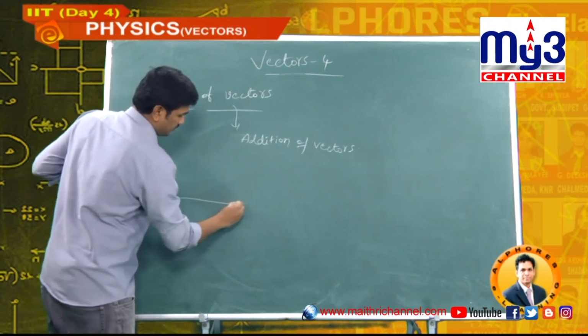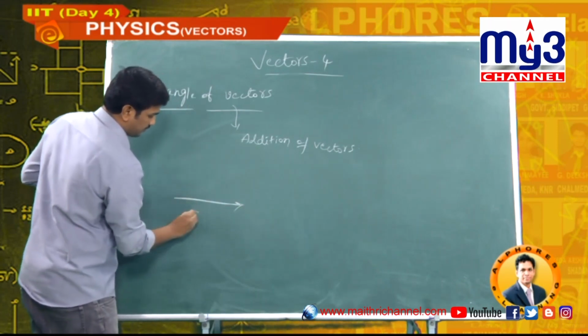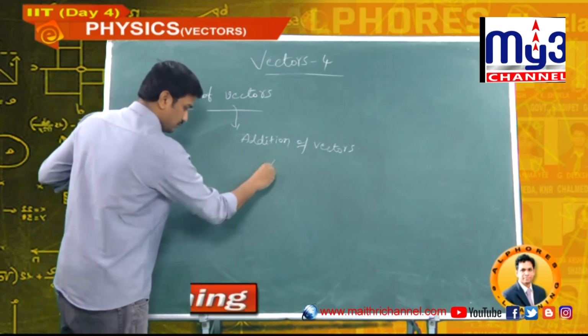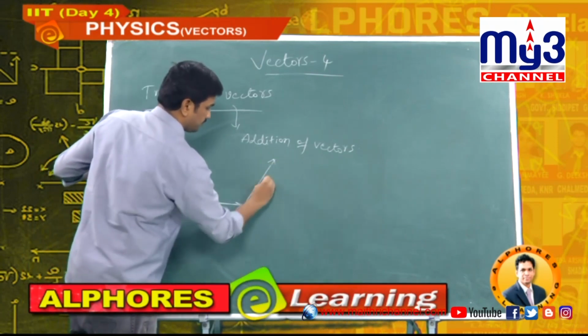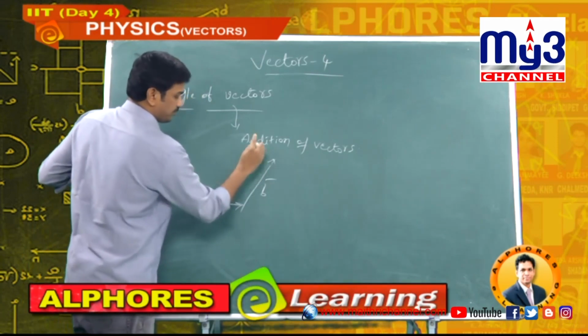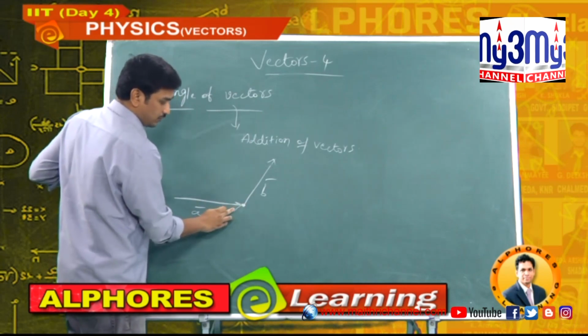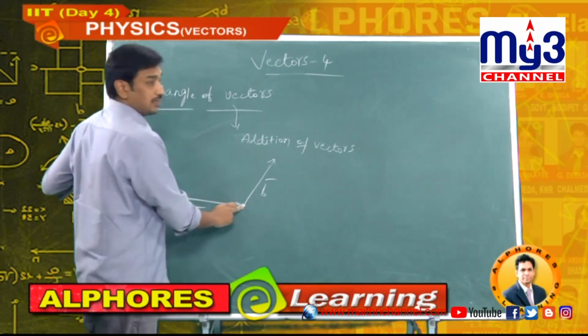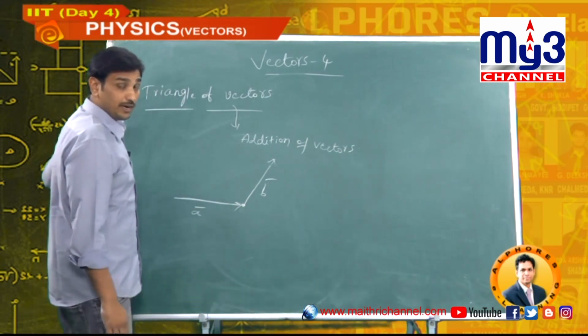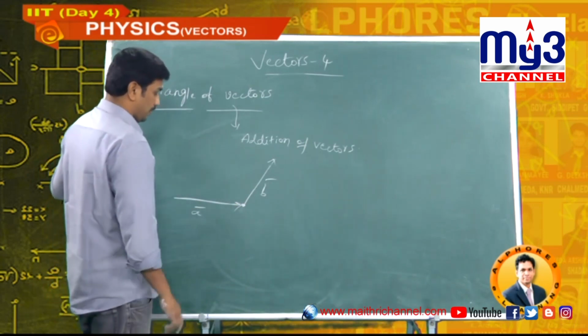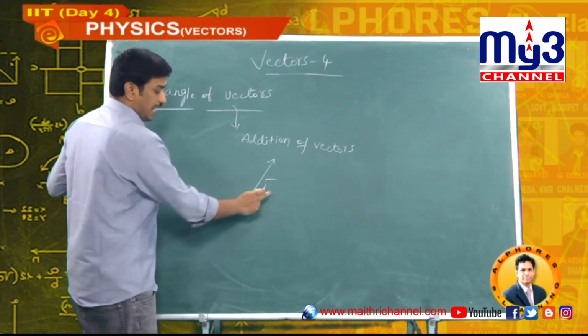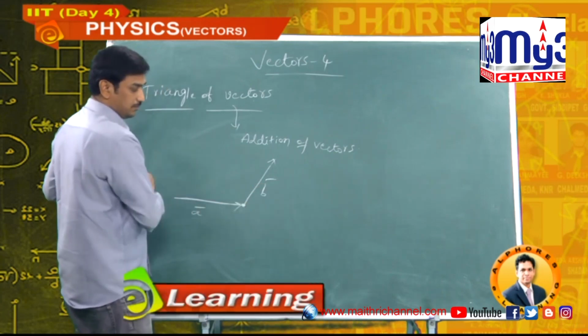Now, what is the triangle law of vectors? See, A bar, B bar, I am doing addition. Then what I have to do? The head of the first vector should join with the tail of the second vector. That's the process of addition of two vectors that you know very well. A bar and B bar, now we are adding because head is connected with tail.